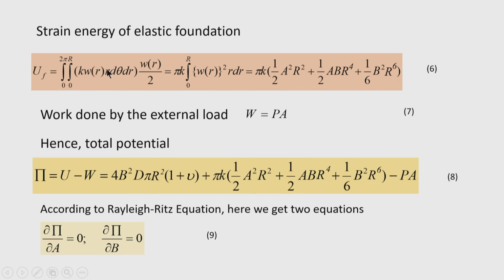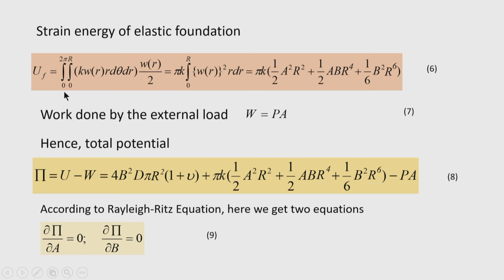So, this is the area on which the spring force acts, and the spring force is k into W r into r d theta dr. So, spring force multiplied by deflection, and its average, that is half, we take a factor half, and then integrate with respect to dr and d theta.